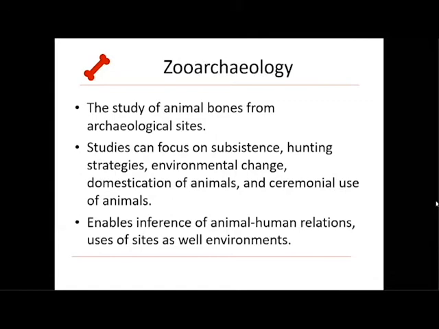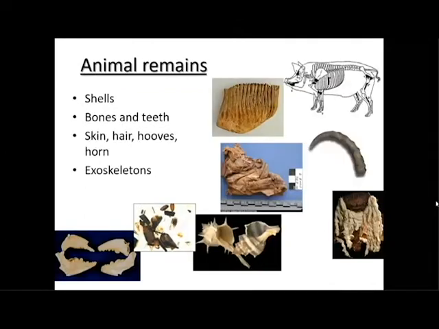And by environmental change, I mean the change from the paleo environment to the present. Factors such as domestication of animals, as well as ceremonial use of animals, depending on whichever time period you're looking at. So this study enables us to infer what the animal to human relations in a given site or area was, as well as the use of the sites and the basic environments.